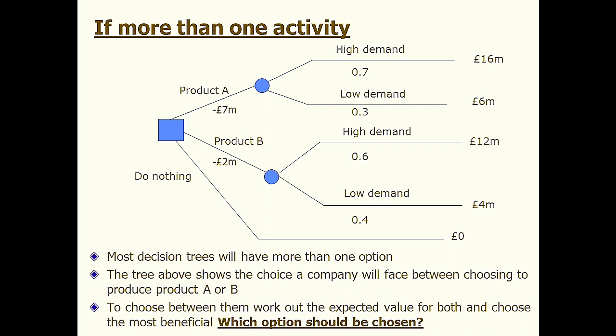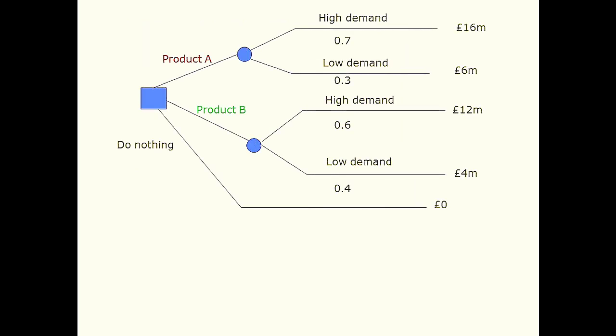So looking at the solution now, we had product A with 70% chances of high demand and 30% chances of low demand, and we needed to work out the expected value. For product A, the expected value can be calculated by taking 0.7 multiplied by 16 million, that was its outcome, and we get 11.2 million. 0.3 multiplied by 6 million gives us 1.8 million.